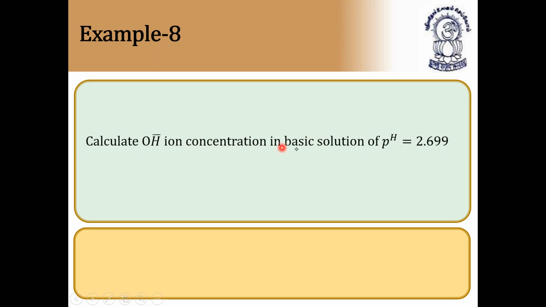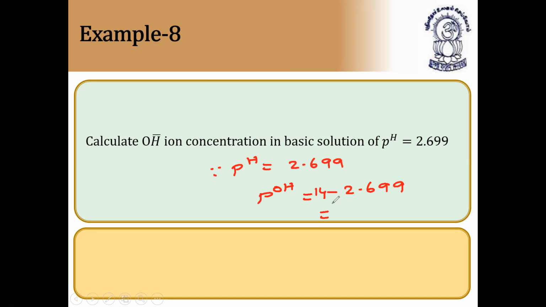Calculate OH minus ion concentration in the basic solution of pH is equal to 2.699. This is a calculation part, and this much calculation they generally do not give in the examination. Since pH is equal to 2.699, this implies pOH is equal to 14 minus 2.699, which is coming around 2.7.